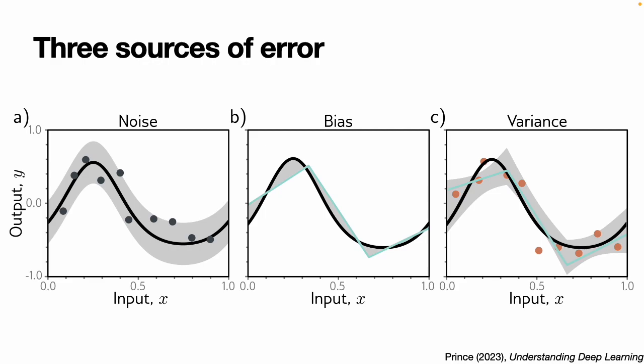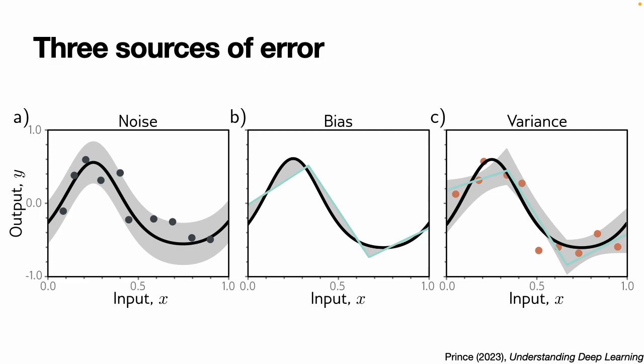Let's see. The first thing to say is there's not much we can do about this one. We have some test data, and there's not so much I can do about the noise in the truth, the noise in the climate, or noise in the fundamental system that I'm trying to predict.